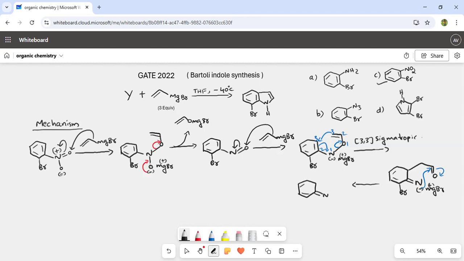So double bond N. A 5-membered ring is formed in addition to the 6-membered ring. So this is O minus and MgBr plus is bonded to it. In the next step, there is hydrogen on this carbon, and the vinyl magnesium bromide, which is now acting as a base, abstracts that hydrogen, so that this bond shifts here and the pi bond shifts on the nitrogen.